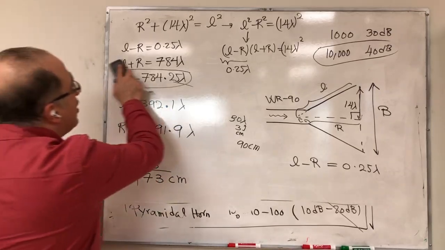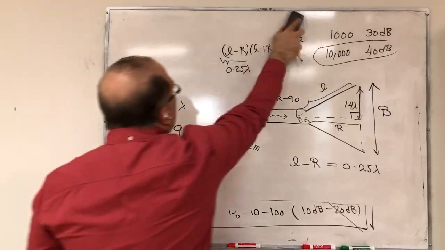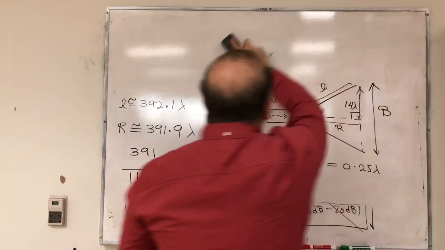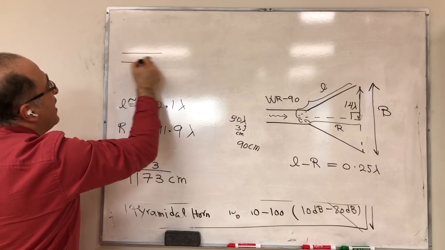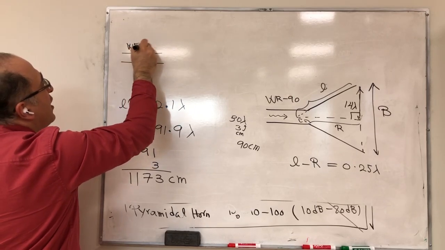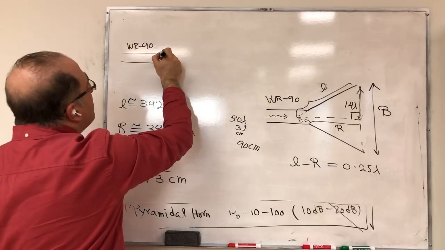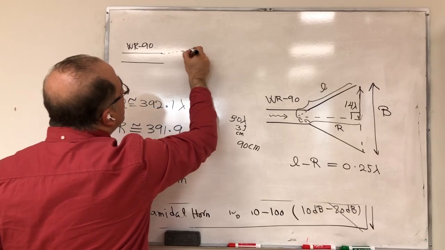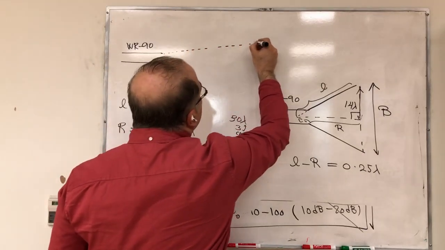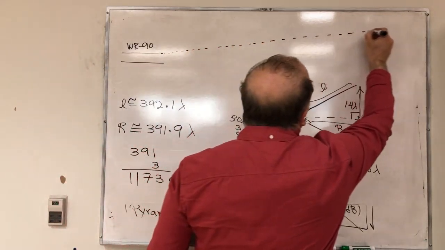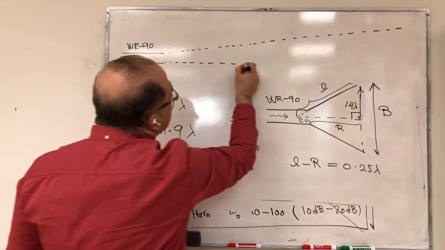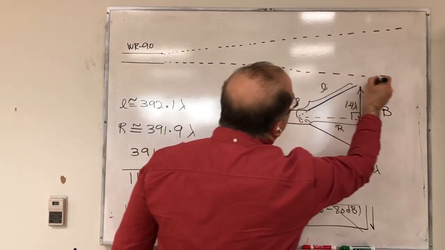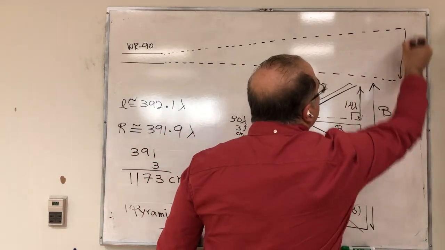So if I want to plot it here, essentially that means if you have a waveguide which is WR90 and you want to get to a big aperture, you need to go very smoothly, like that, to get, for example, to this aperture size.